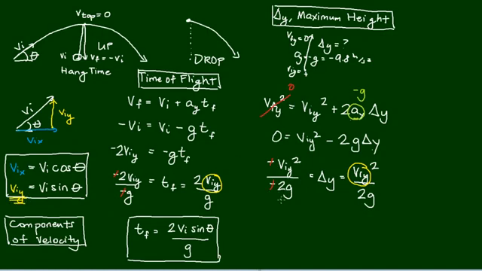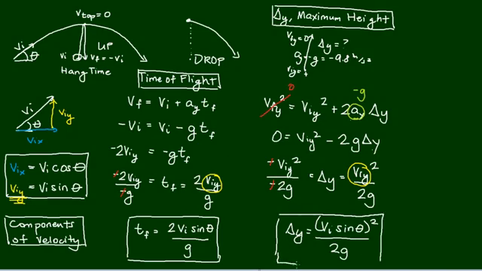So substituting, we get that delta y is equal to VI sine of theta, squared, all over 2 times gravity. So this would be your formula in order to get the maximum height of your projectile at an angle. Okay? So we've solved for the components of velocity, we've solved for time, we've solved for maximum height.